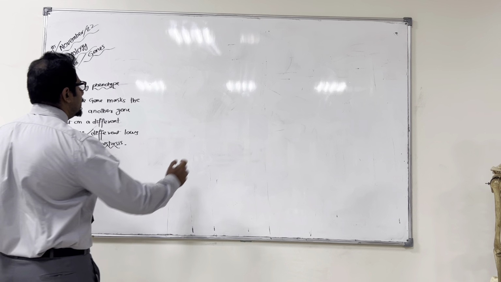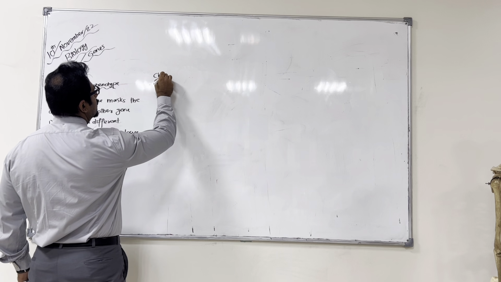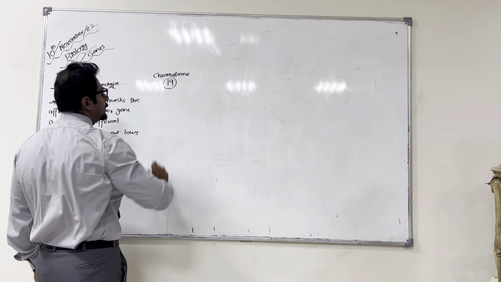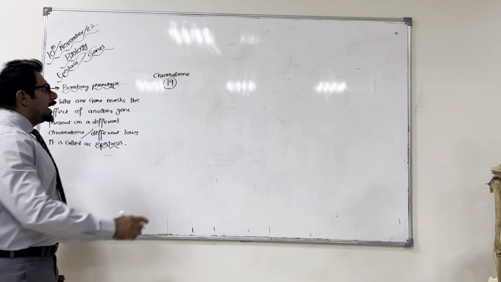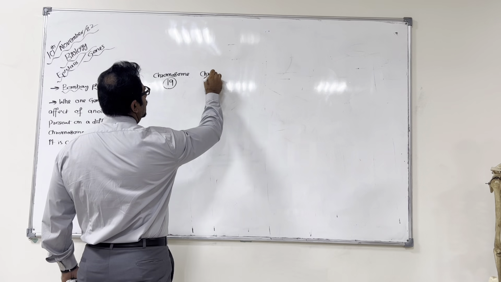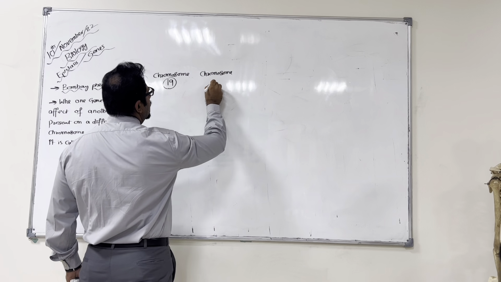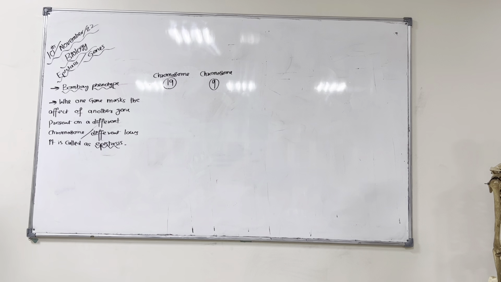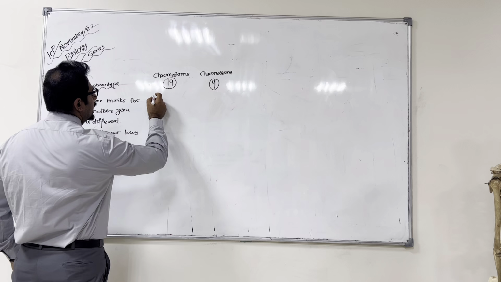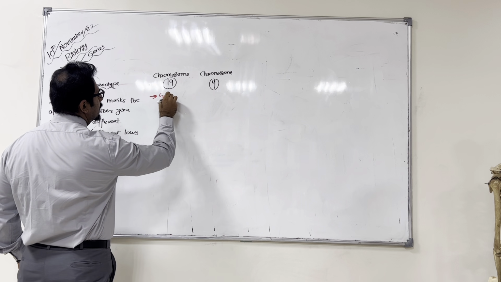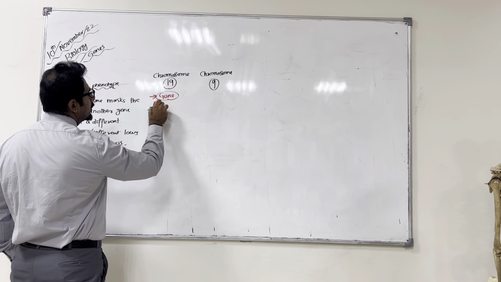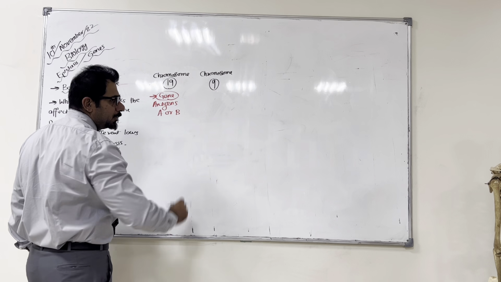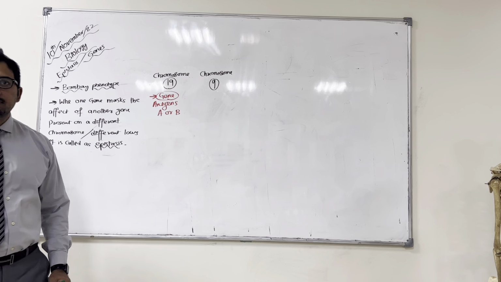I told you guys that let's suppose that there is chromosome number 19, and there is chromosome number 9. Chromosome number 19 has the gene for the antigens A or B. There is no third antigen, right?